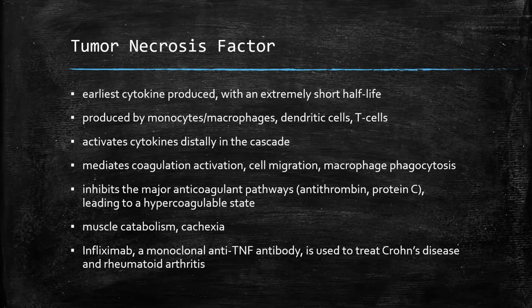And tumor necrosis factor helps to mediate that, and it inhibits anticoagulant pathways as well. In a cancer patient, long-term secretion of tumor necrosis factor is associated with muscle catabolism and the cancer cachexia that can be seen with temporal wasting.